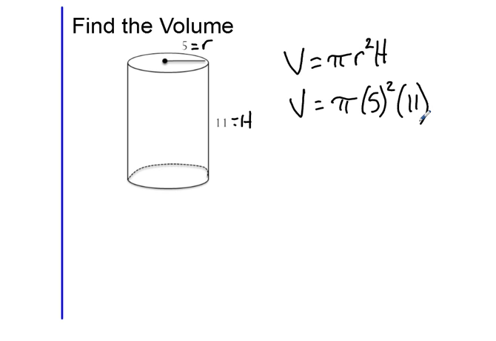Don't forget, we are using our calculators to get an exact answer for pi. Equals 863.9 units cubed. I put units cubed for this problem because our problem didn't really give us a kind of unit like feet or inches or centimeters.